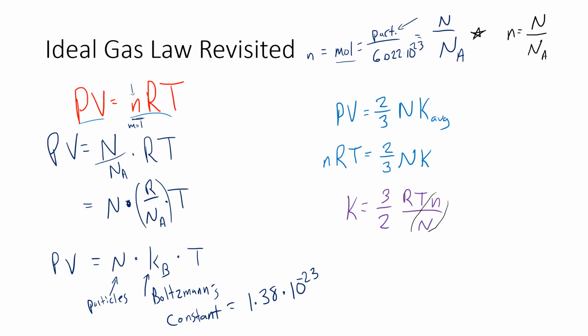So that means, if we do a little rearranging here, little n over big N is equal to 1 over NA. So far, so good? So the little n over big N can be simplified, simplifying the whole thing here to RT over NA. All right, that came from right here.